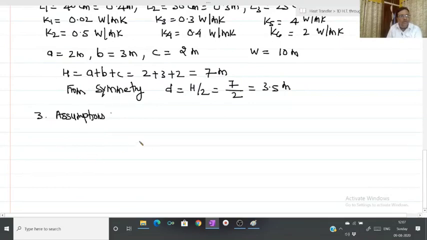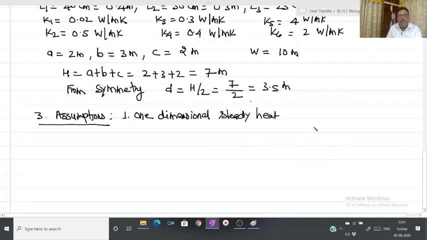Assumptions involved in this problem: the very first assumption, we are talking about one-dimensional steady state heat transfer. Again, I won't say conduction because here convection is also involved.